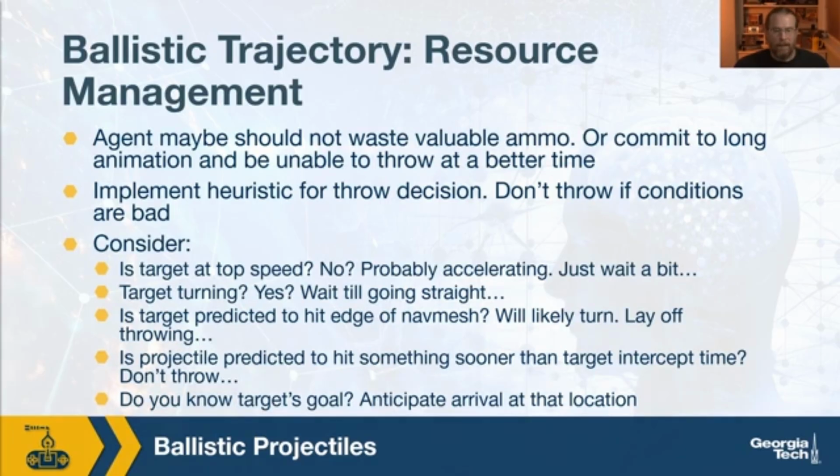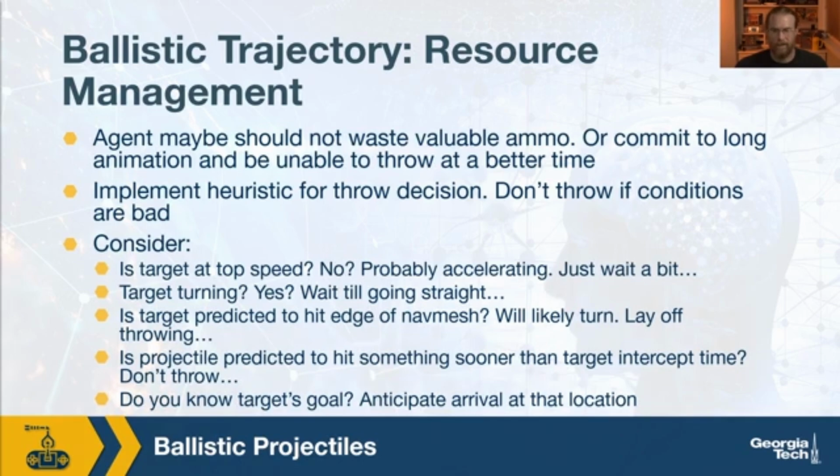So we can implement a heuristic for deciding when to throw. Don't throw if conditions are bad. You want to consider things like, is the target at top speed? If the target is not at top speed, it's probably accelerating, because in a video game, if you're not going full speed, you're probably accelerating towards full speed or decelerating to a stop.